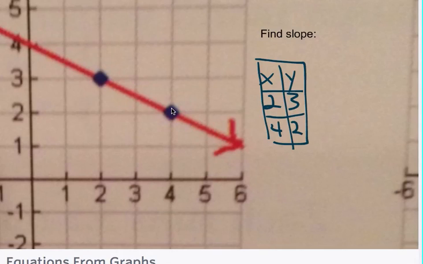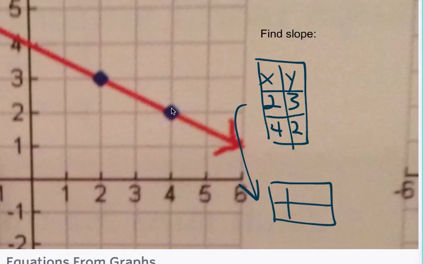And we're going to tip this over. So the X values, or the counters, are on the bottom, and the Y values are on the top. So it's turning this into a slope maker. So that's the X values on the bottom, and the Y values are on the top.